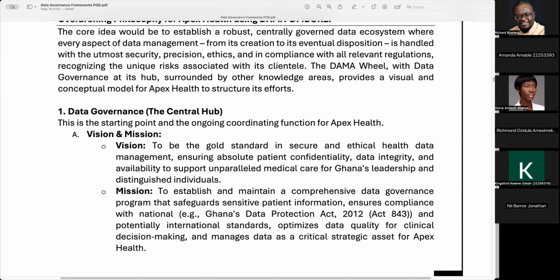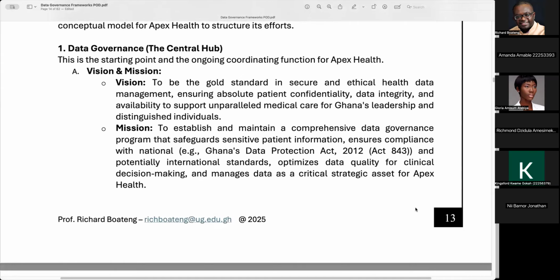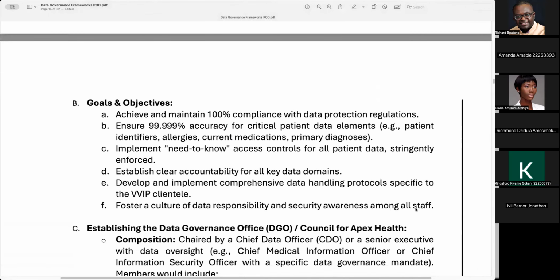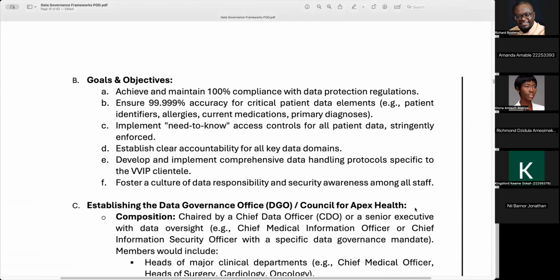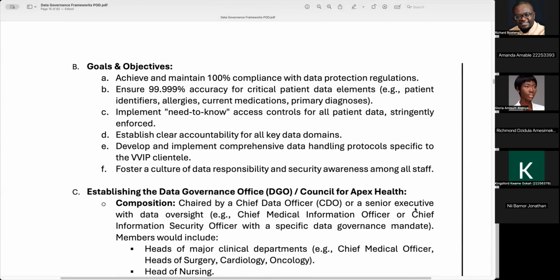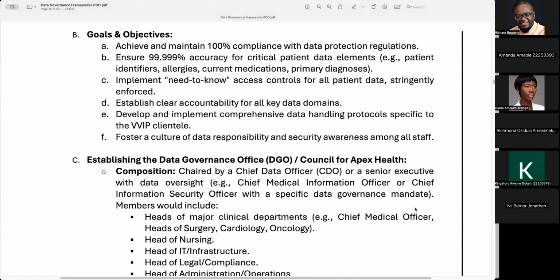The governance structure itself would need to be incredibly robust, I assume. Essential. Establishing a high-level data governance office or council isn't just recommended, it's mandatory in this scenario. Its composition would need senior representation, heads of major clinical services like cardiology, or maybe a specific head of the presidential medical wing, alongside senior figures from IT, legal, security, and possibly even an external ethics advisor specializing in sensitive data governance.